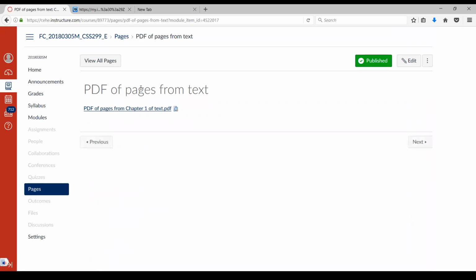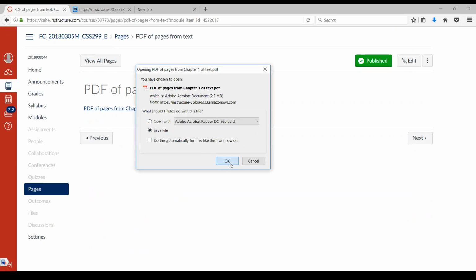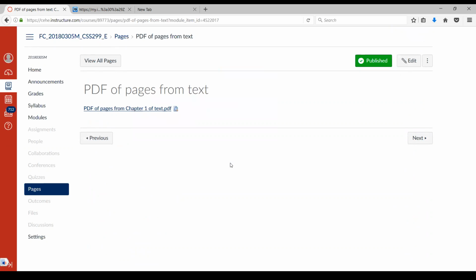This document, PDF pages from chapter 1, I'm going to go ahead and open this. So you have copies of the first couple of pages plus some examples of a couple of resumes.